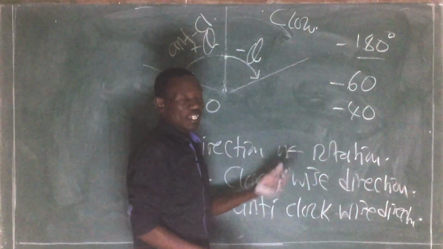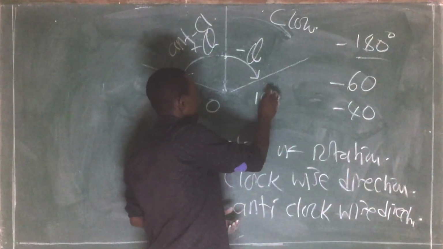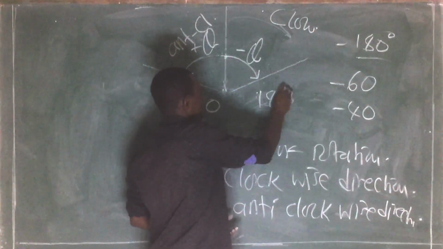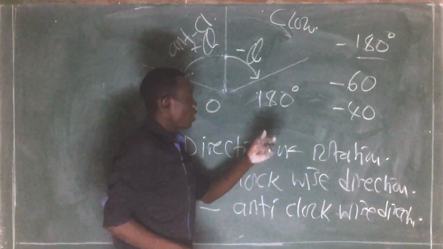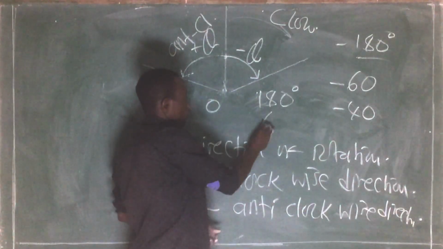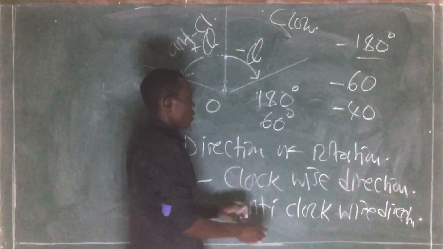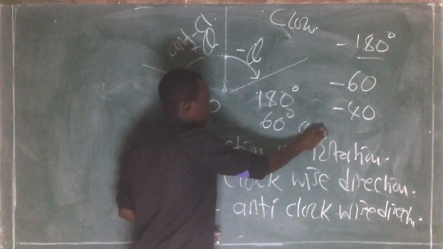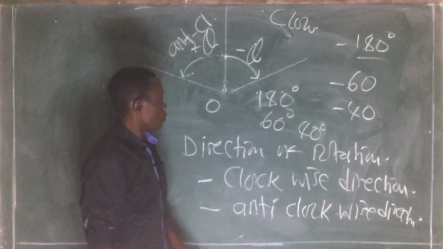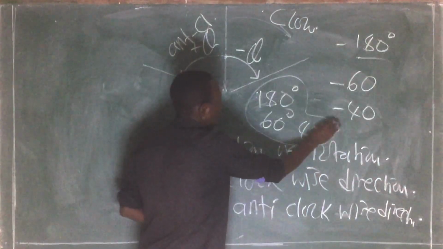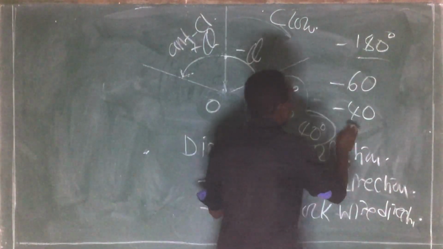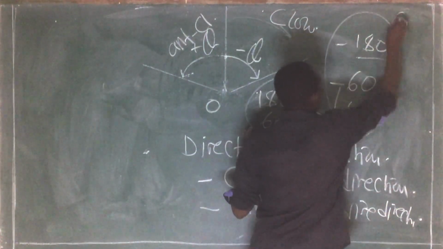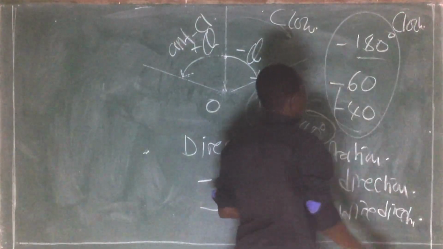Instead of negative 180, the object can rotate 180 degrees, which is positive. Instead of negative 60, we have 60 degrees, positive, and then 40 degrees, also positive. So this defines the anti-clockwise direction, while these define the clockwise direction.